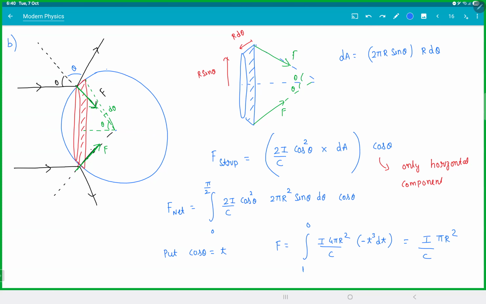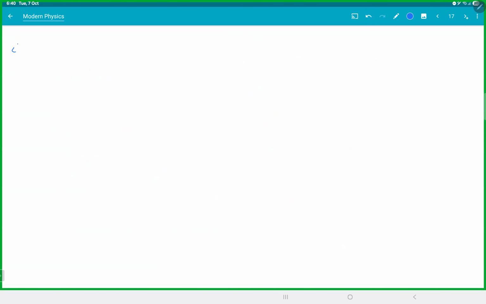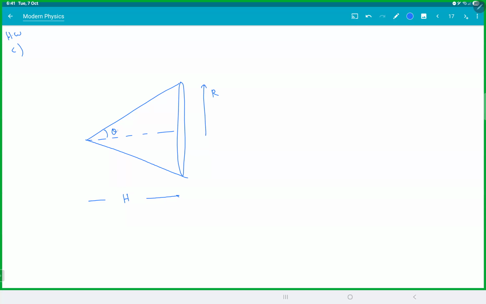Just to be clear, you can try this as homework and see what the answer will be. Suppose instead of this, I take a cone, radius r, height h, with angle theta here. Let's say this is perfectly reflecting, and you send a parallel beam.